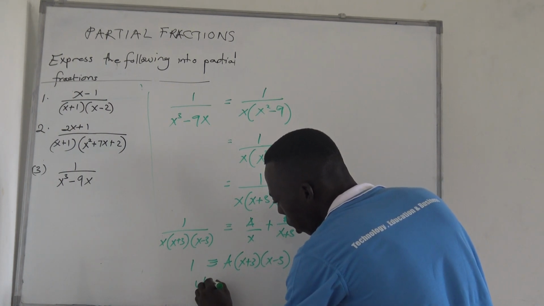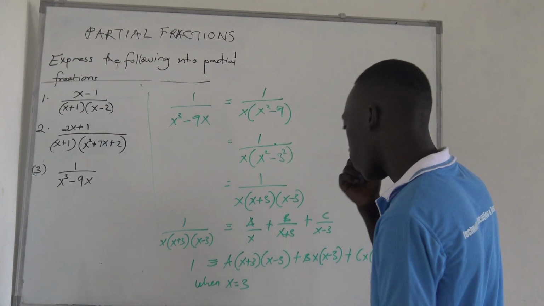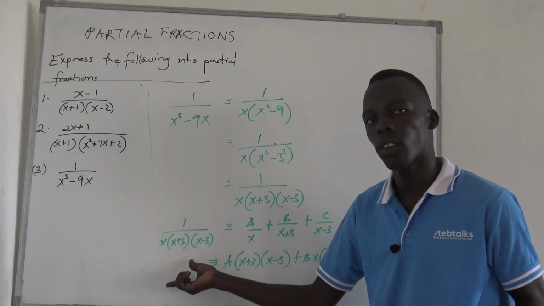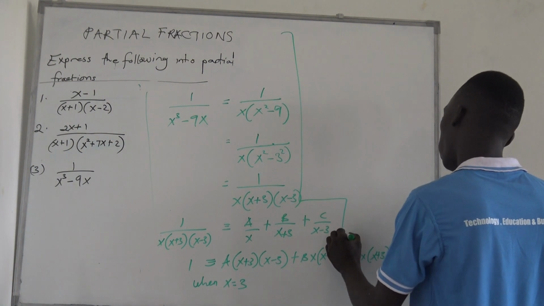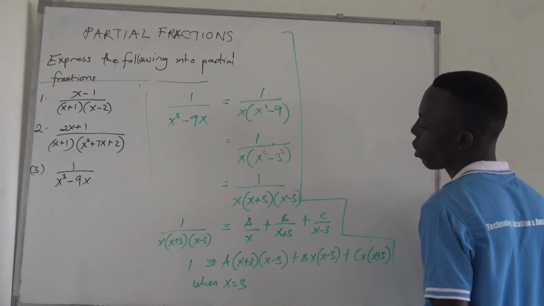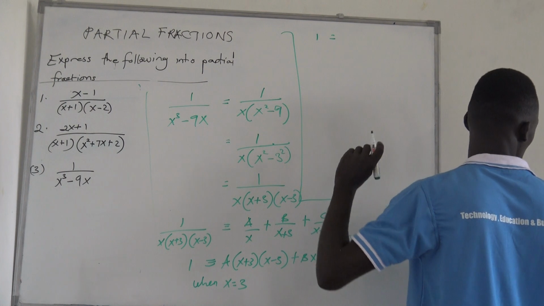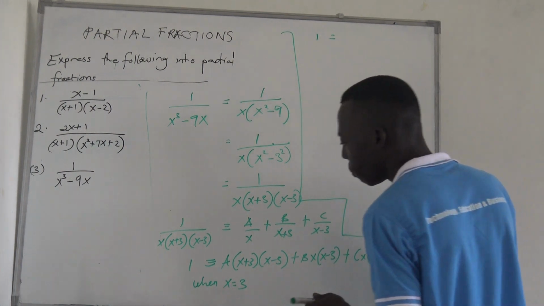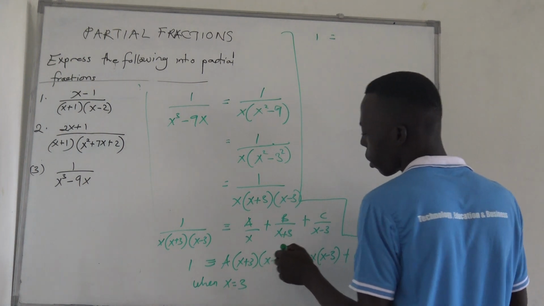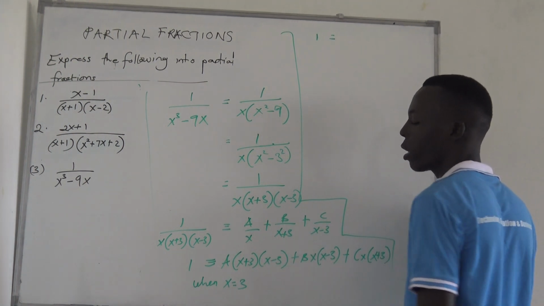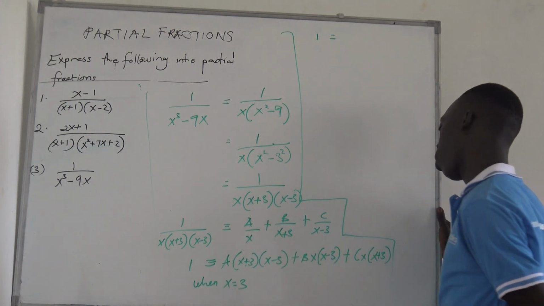For that case, I'm going to consider x equals 3. Since there's nothing like x on the left hand side, I'm just going to apply the right side. So 1 is equal to, when I put 3 here, that is 6, but when I put 3 here on the negative, that gives me 0, that means everything here is 0.